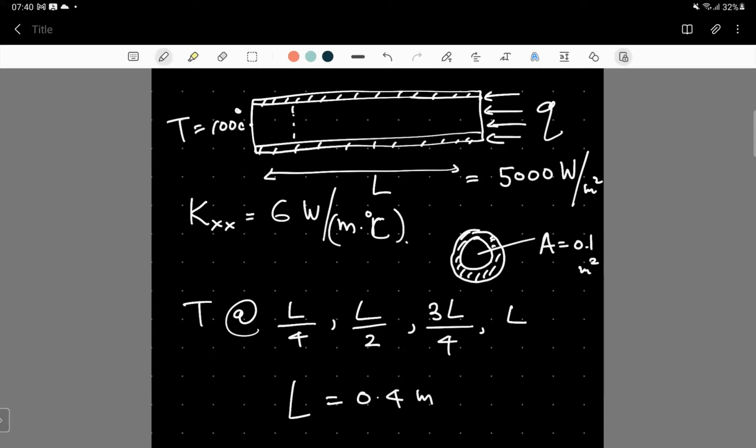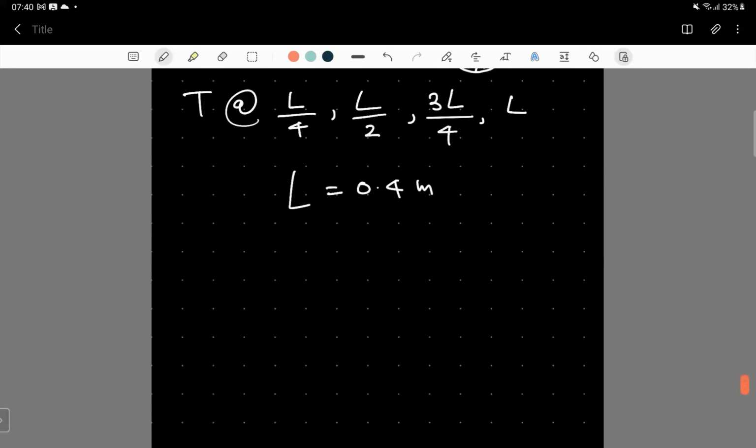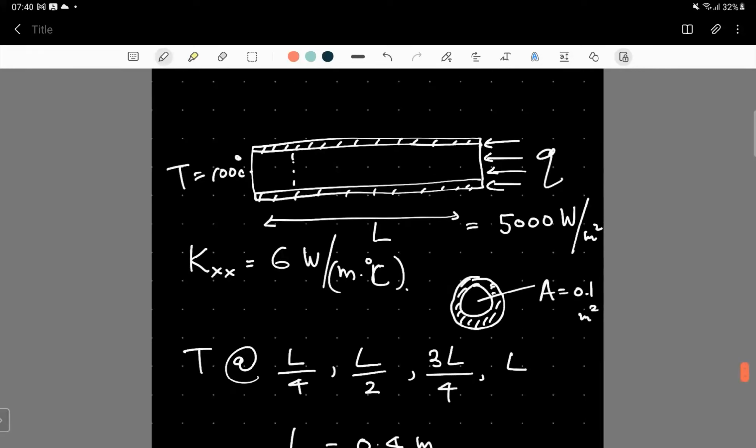And there's a constant temperature on the left hand and also constant heat flux on the right hand side. So if we think of the length, L divided by 4, L divided by 2, 3/4 L, and L, we have 4 elements.